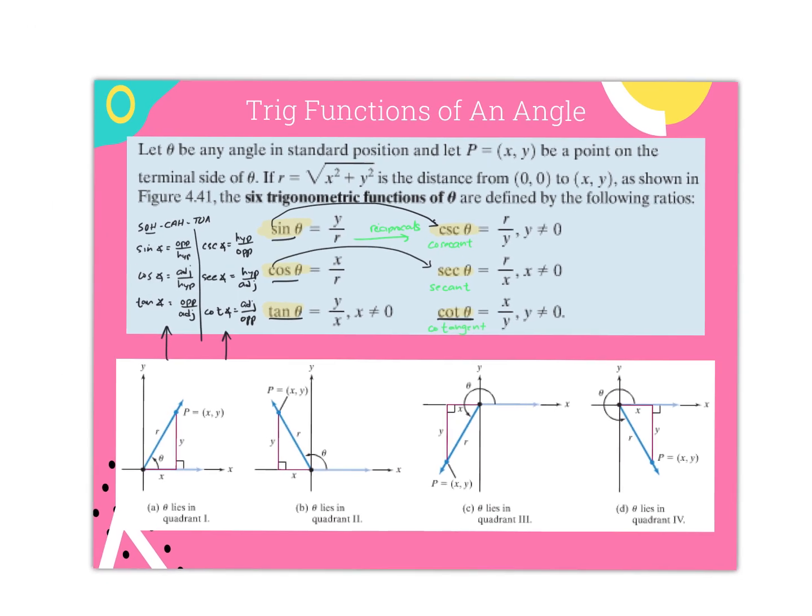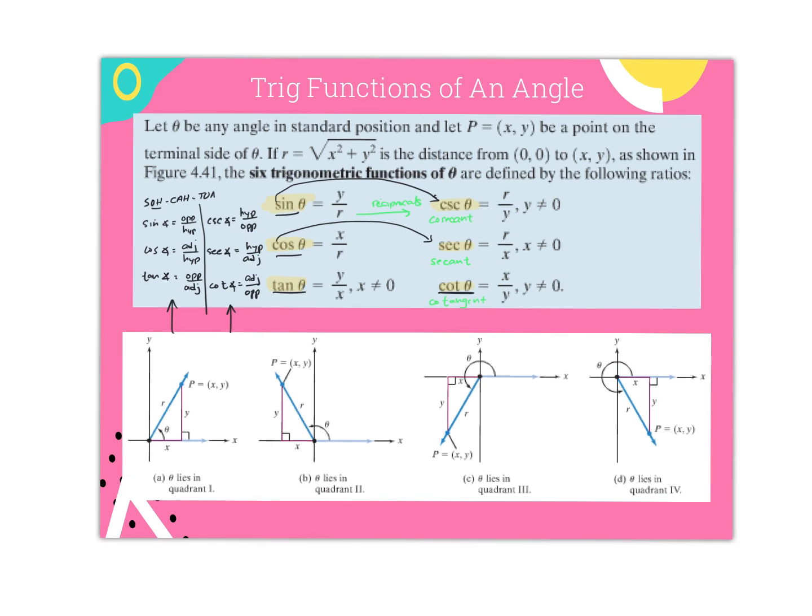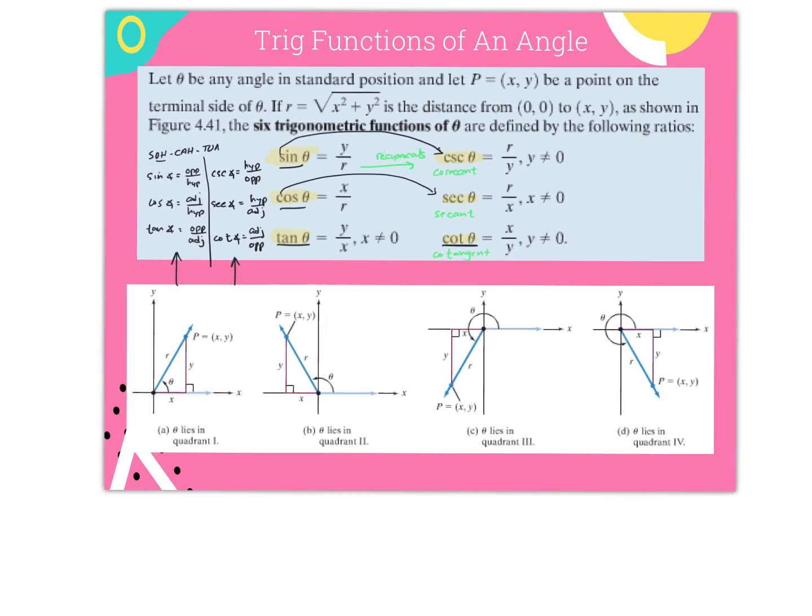So what else is different about the ratios and how we do them is that in the past, we just did a random triangle. For example, you just happen to have a right triangle, and we'd label it A, B, and C, and then we would say, what is the sine of angle B?